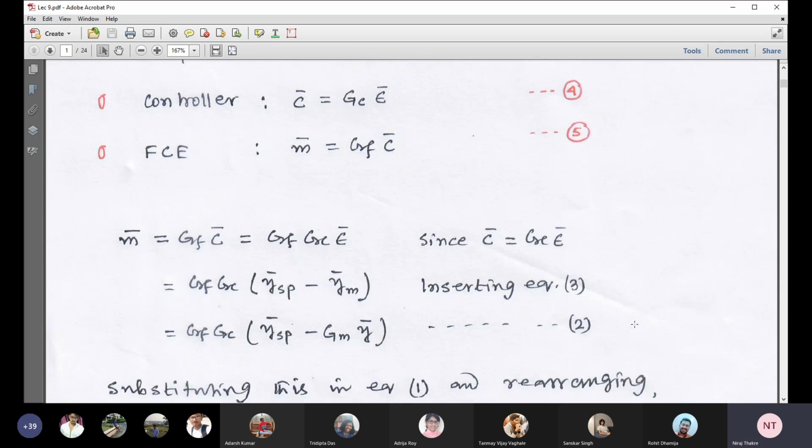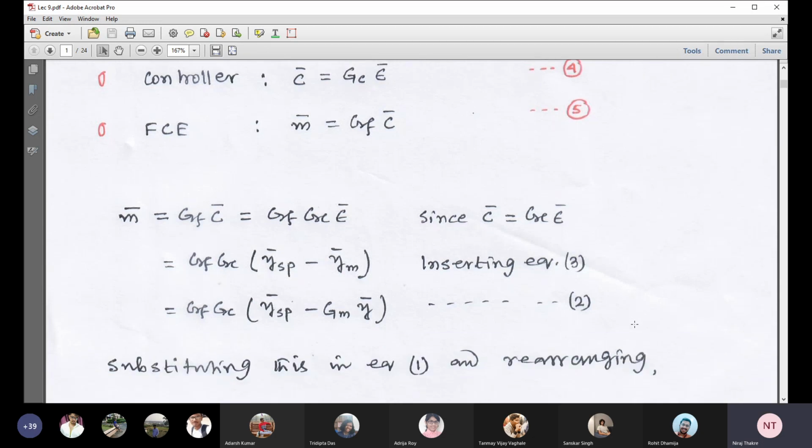Now only equation 1 is left. Can you tell me the final expression? So GF GC YSP bar minus GF GC GM GD D bar, whole divided by 1 plus GF GC GM GP.